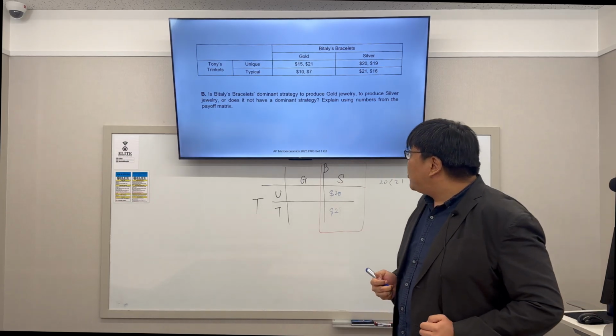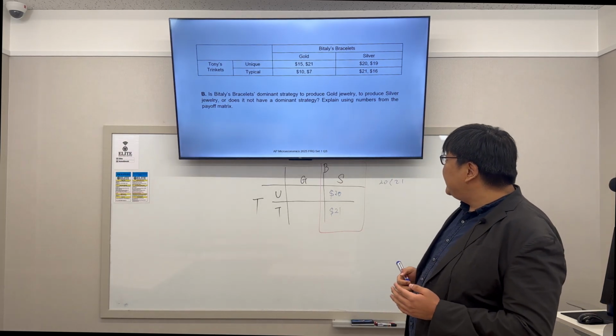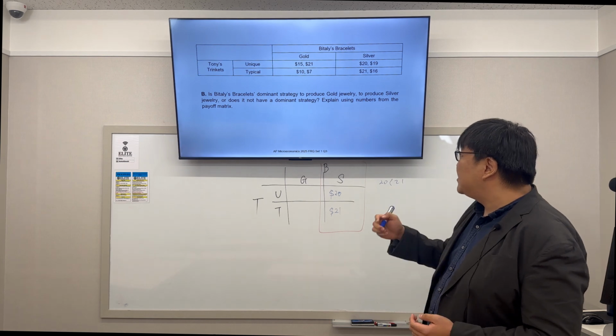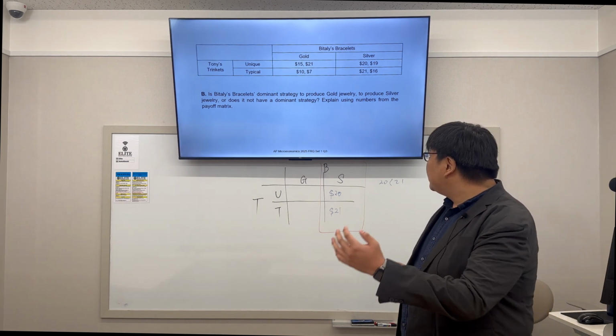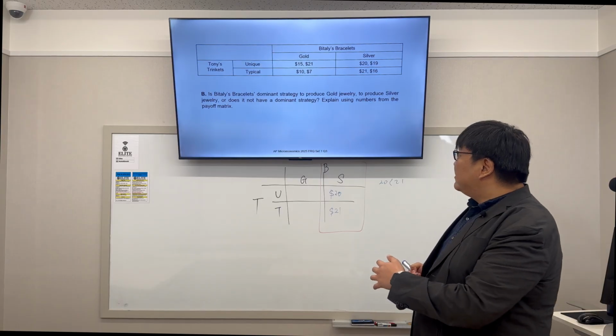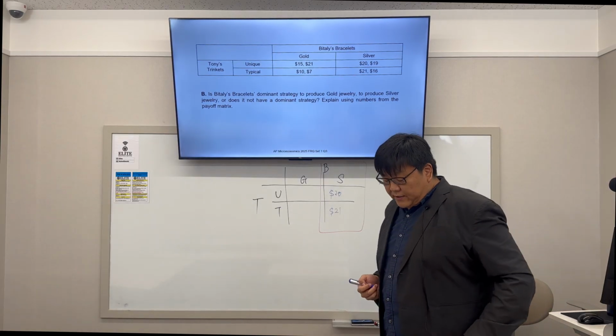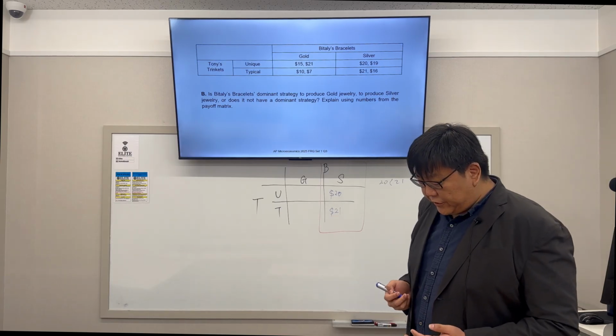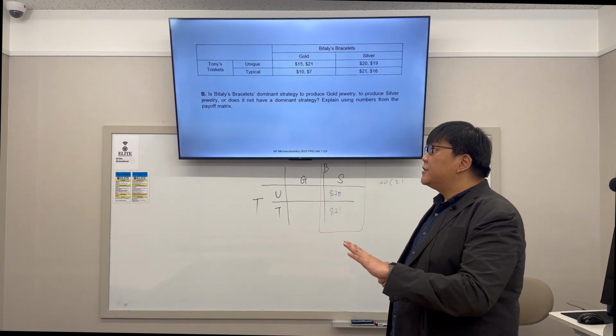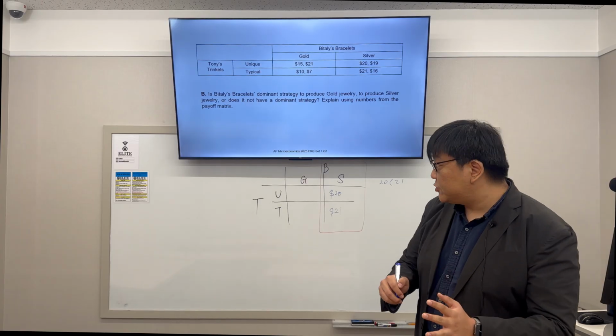Next question: is it Beetle's Bracelets' dominant strategy to produce gold jewelry or silver jewelry, or does it not have a dominant strategy? Before you solve this, you have to know what a dominant strategy is.